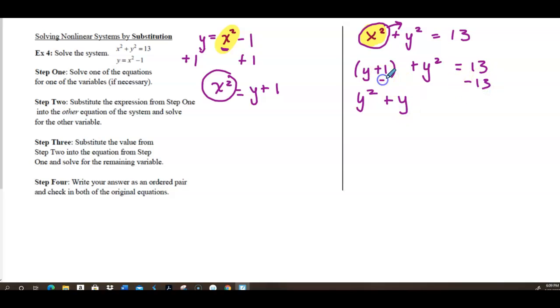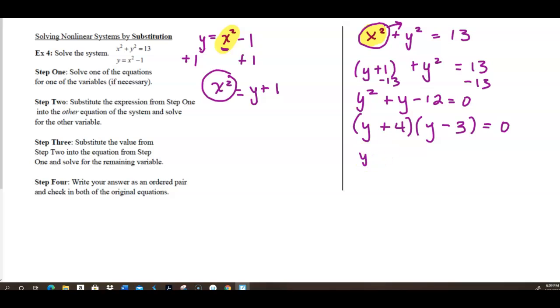Subtracting the 13 to the left is y squared plus y subtract 12 equals 0. And then I will factor just like I do a regular quadratic equation. And I have 4 and 3. And the 4 is going to be positive and the 3 is going to be negative.